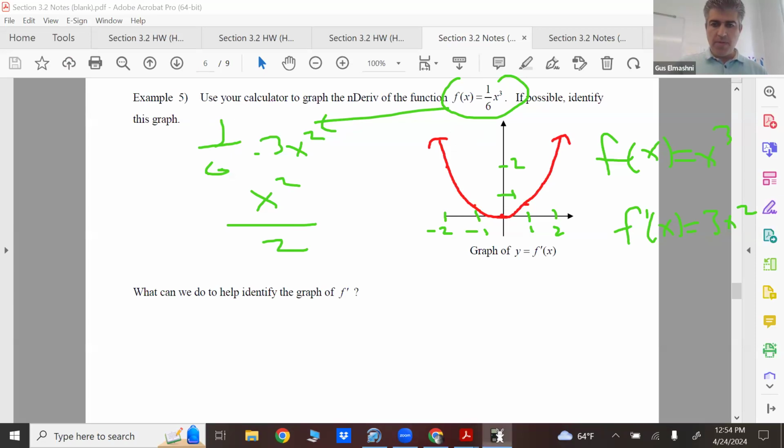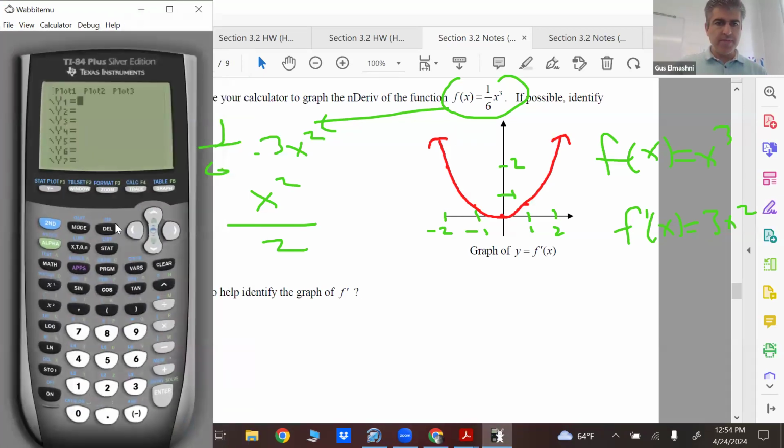What I could do is this. If you hit alpha window, option 3. Let me switch back to the new operating system. Alpha window, option 3, x, and then I do x raised to the third power divided by 6. Now here's the funny thing.